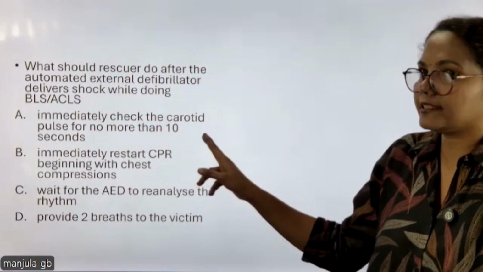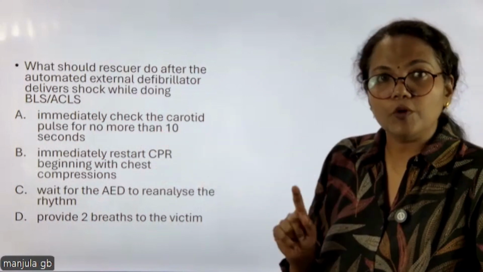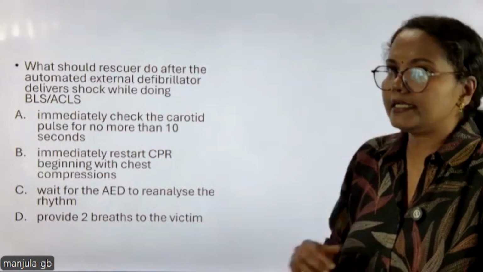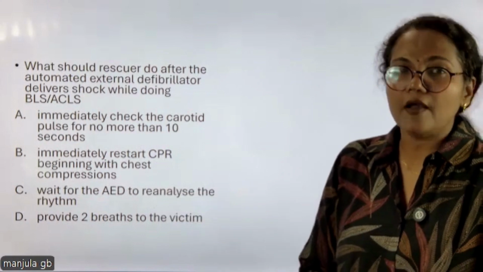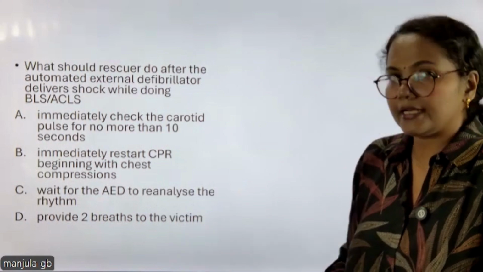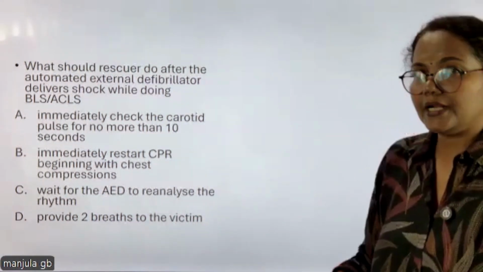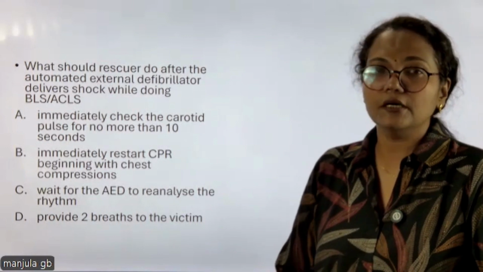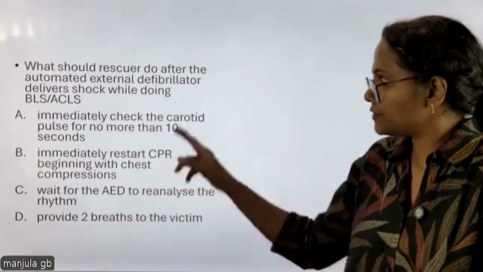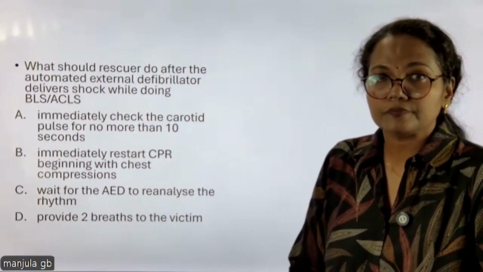Immediately check the carotid pulse for no more than 10 seconds. Immediately restart CPR, beginning with chest compressions. Wait for the AED to reanalyze the rhythm. Provide 2 breaths to the victim. This you should be able to answer. Tell me. Soon after AED, what you should do?